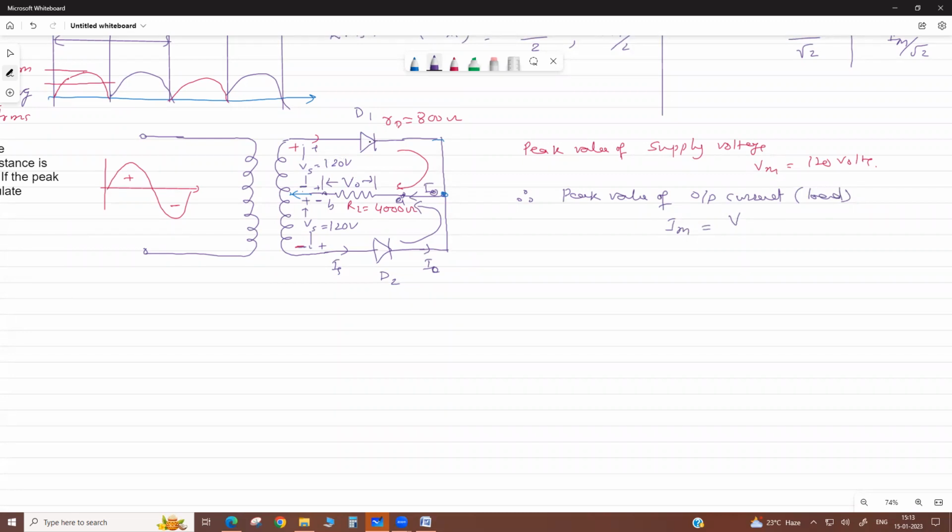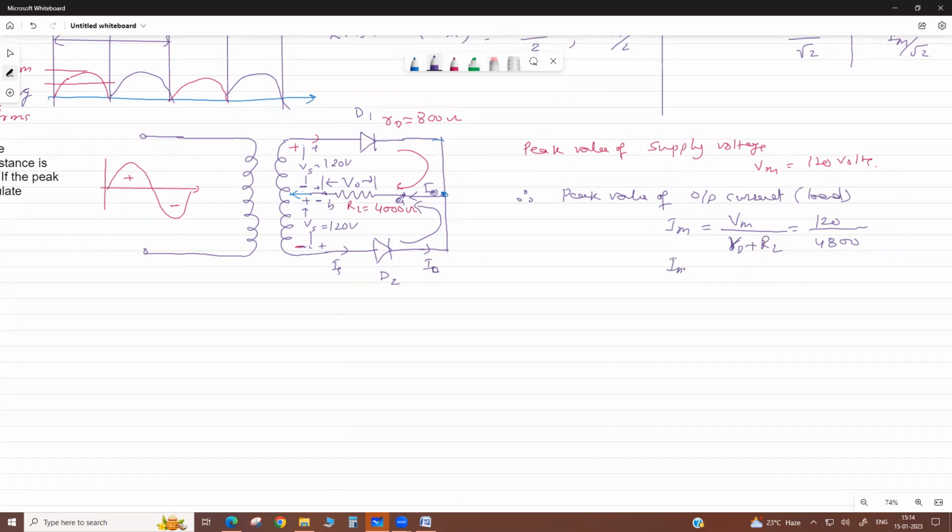This much. Then the total resistance, diode resistance and load resistance, come in series. So you write diode resistance plus load resistance. Taking the peak value, we get the peak current. So it is 120 divided by 4000 plus 800. What value do we get here?